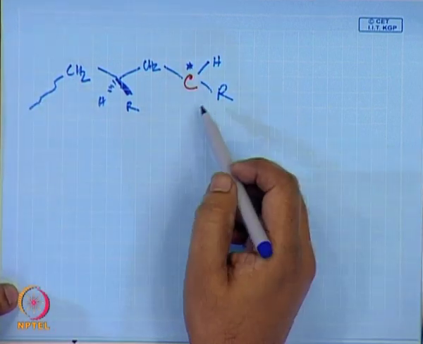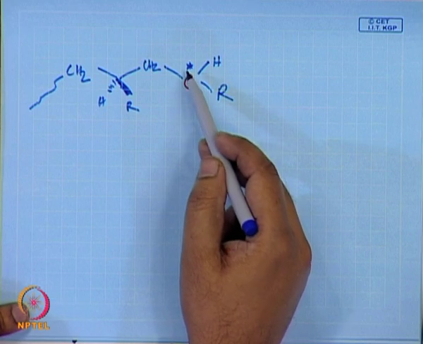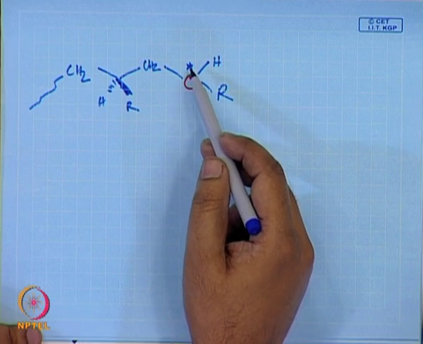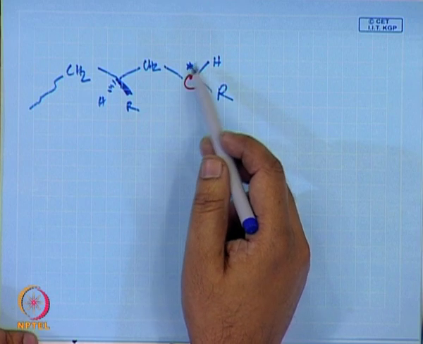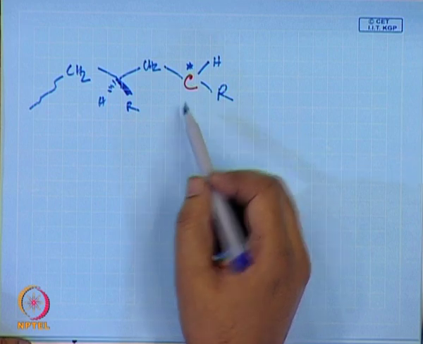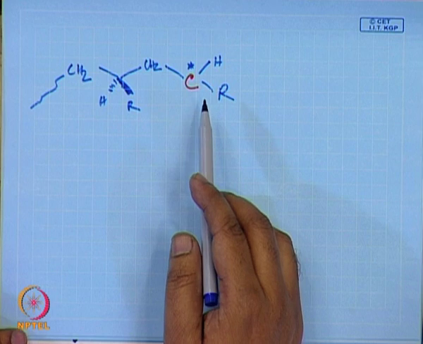Let us consider this is a propagating chain, with an active center. Now, it could be a radical, it could be anionic, or it could be cationic. Of course, if you have a cationic center, then you have an anionic counterion. If you have an anionic center, then you have a cationic counterion.